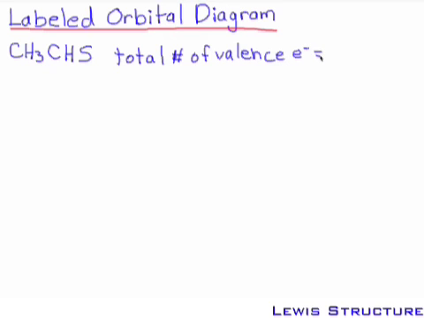What do we get? Well, we have 2 carbons, so 2 times 4. We have 4 hydrogens, so plus 4 times 1. And then we have a sulfur, which has 6 valence electrons, so plus 6. That's 8, 12, we get 18 valence electrons.